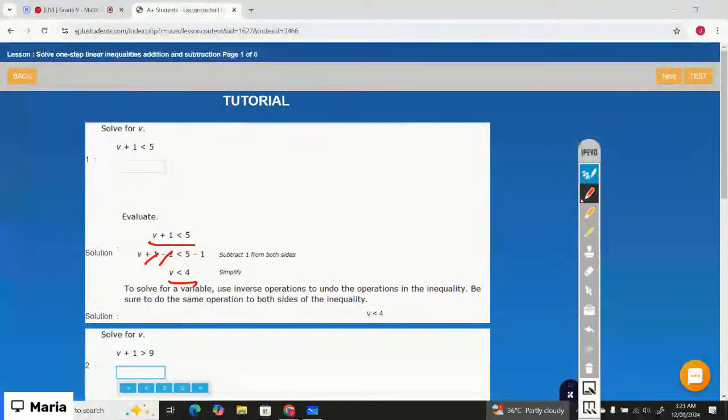Like an equation, you have to do the same operations on both sides of the inequality, right? Let's just start with the test question.